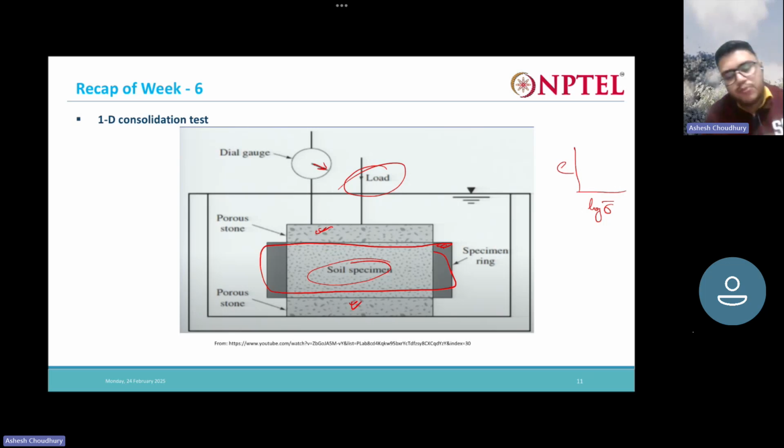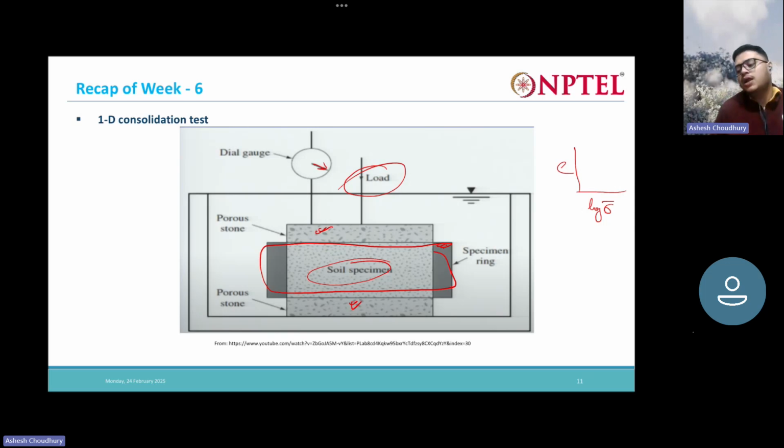First we put, say, 0.5 kilograms, and keep noting the dial gauge reading for, say, 24 hours at equal intervals. Then we increase the load and again take the readings. You will get many videos on the internet for the one-dimensional consolidation test, so please see those videos and read some textbooks also.